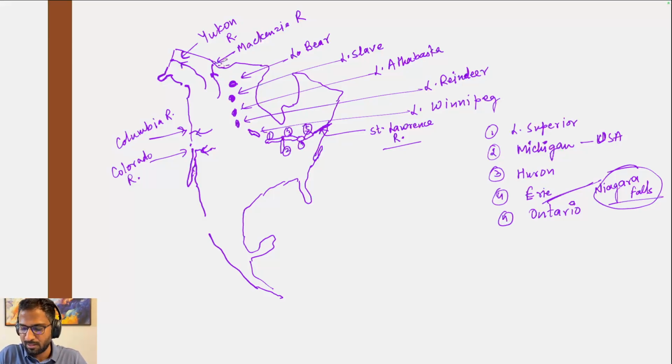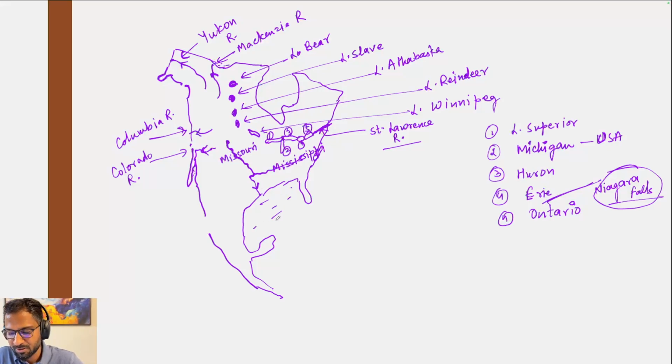This is the Beaufort Sea. Anyway, from here a river originates, the Missouri, and from west of the Appalachians, another river originates. This is the Mississippi, and this is the Missouri River. The Missouri River later on becomes a tributary of the Mississippi, and this river drains into the Gulf of Mexico.